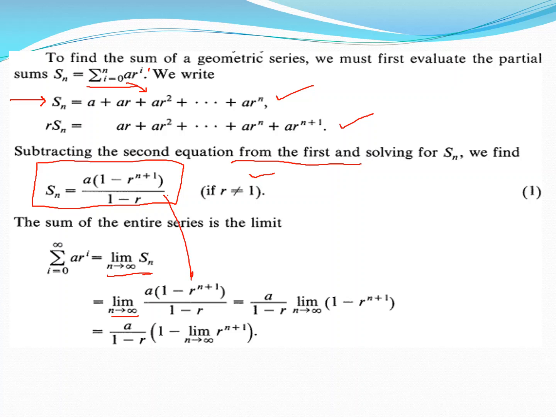We replace it here and simplifying we obtain this constant a by (1 minus r) times the limit as n approaches infinity of (1 minus r to the n plus 1), which is again written in this form.